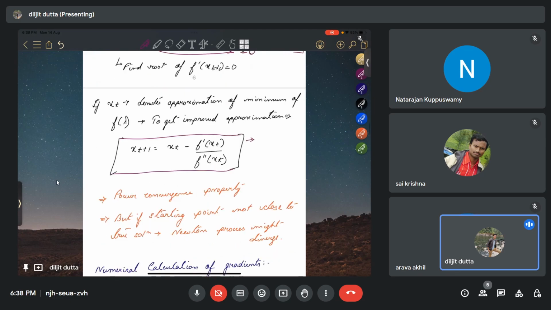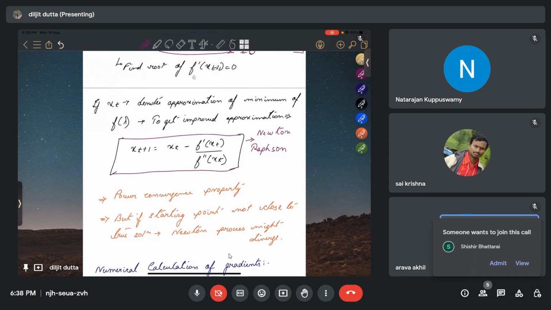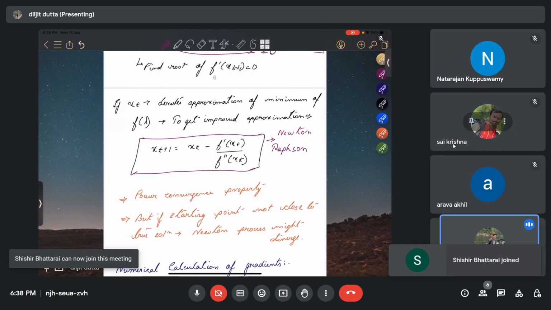So this is the formula for Newton-Raphson for optimization, that is getting an optimal solution. Don't confuse this formula with that of the root solution.